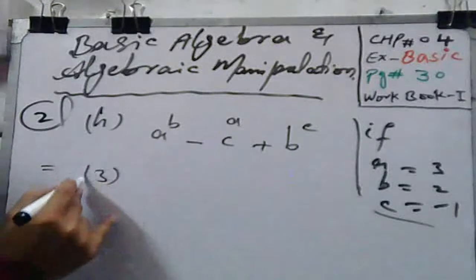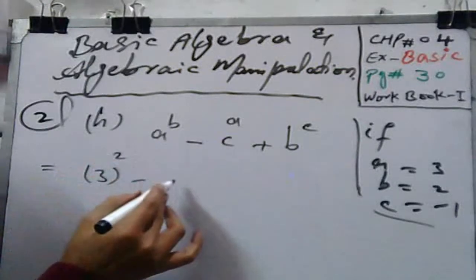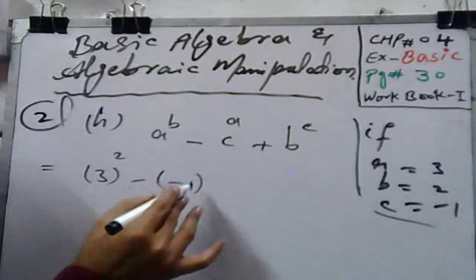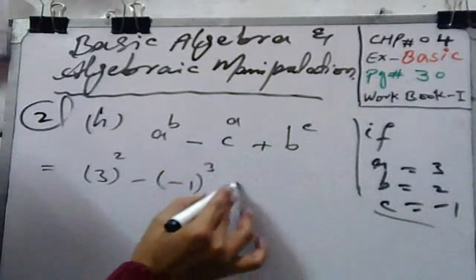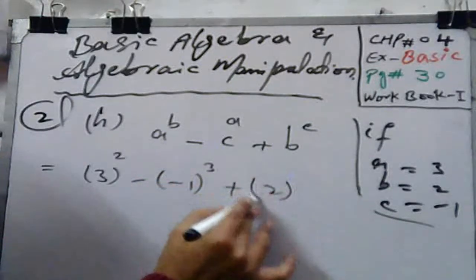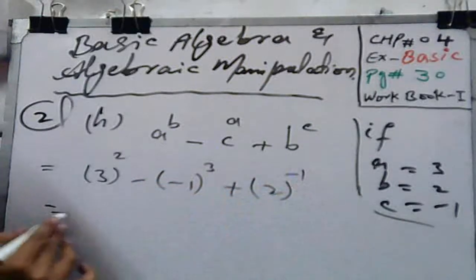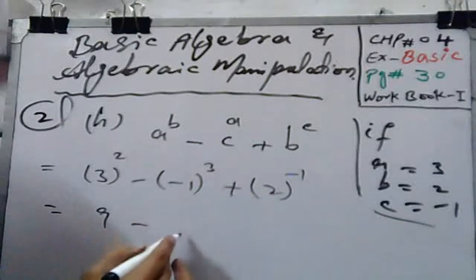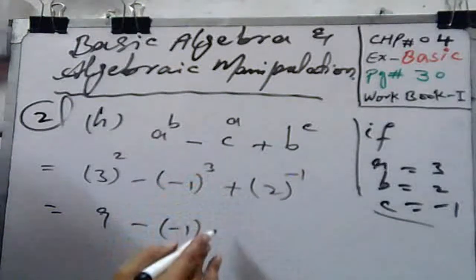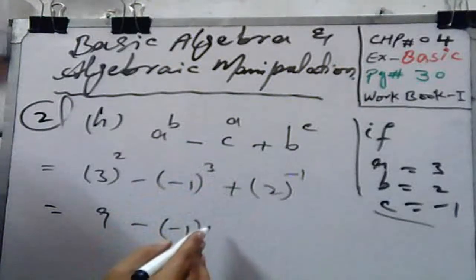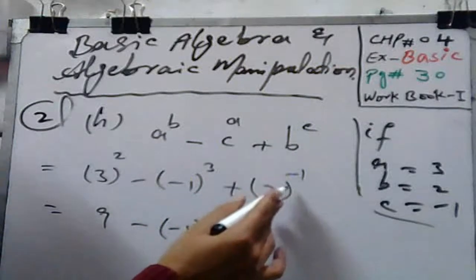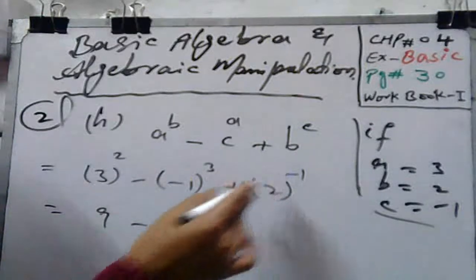So 3 3s are 9 and -1 again after removing the power, and again 2 power -1. So how can we solve this? To make the power positive, you can write 1 by 2 power plus 1.